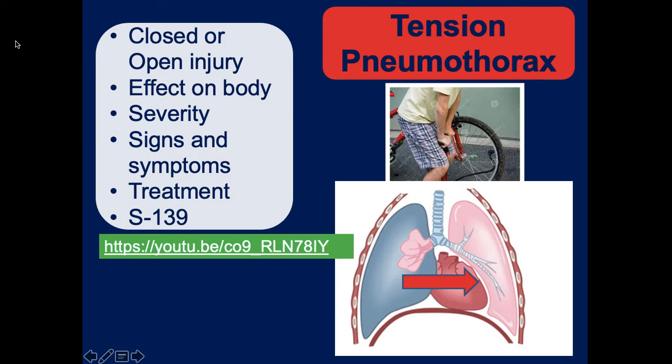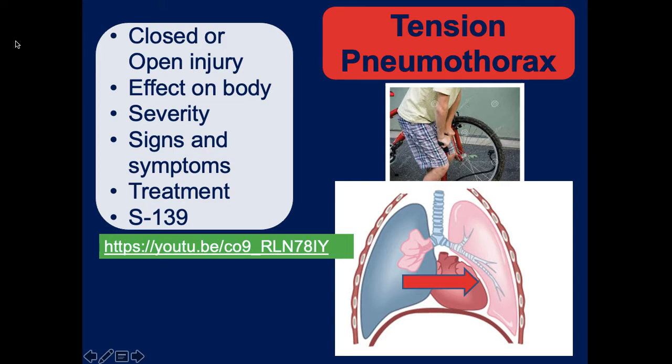And either the sucking chest wound is not being treated effectively, or maybe it's been a while since the initial accident occurred, or there's been changes in the patient. But what happens is this air builds up inside the chest cavity. And it builds up, like I said, like a bicycle tire. Pressure increases more and more and more. It's coming in, but it's not going out.